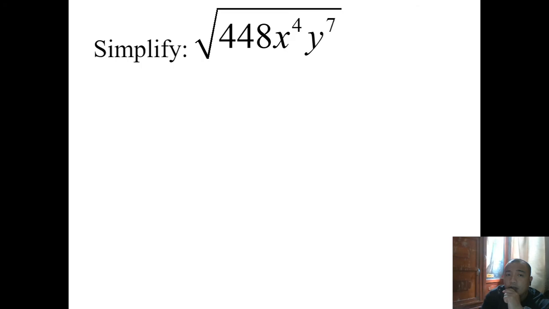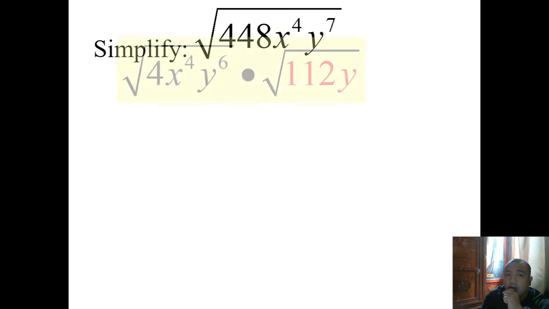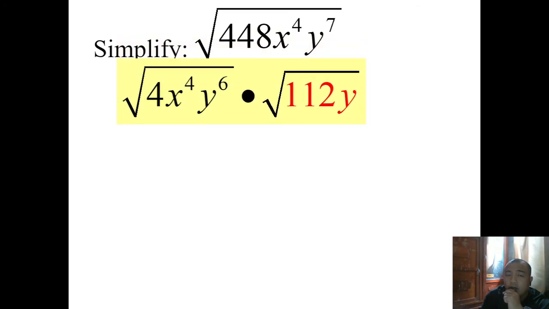Square root of 448, x to the 4th, y to the 7th power. Let's first factor 448: 4 times 112. Since the exponent of y is 7, an odd number, we also factor y to the 6 and y.